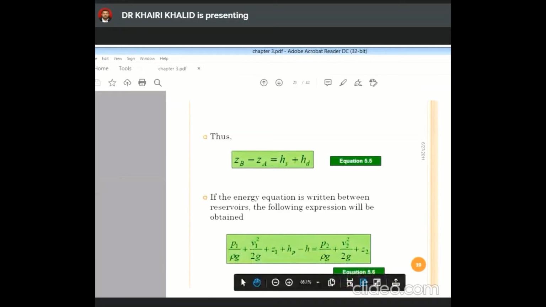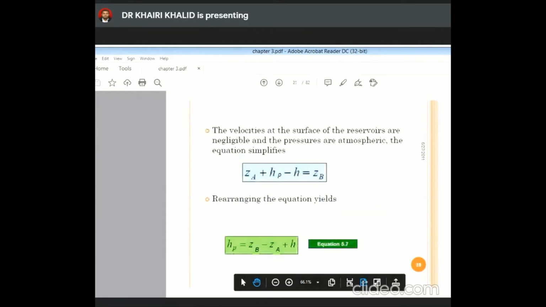We can simplify: P1 over rho G, V1 squared over 2G, P2 over rho G, V2 squared over 2G is also 0. Then rearrange this, and this is the formula.